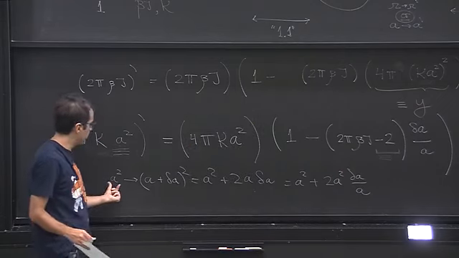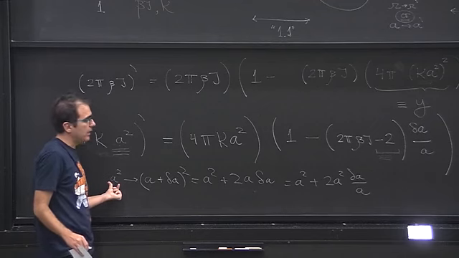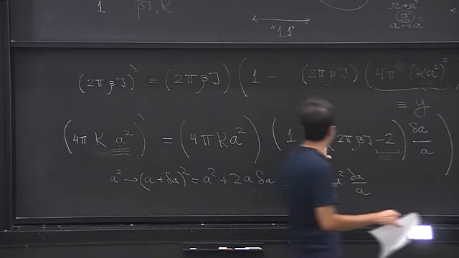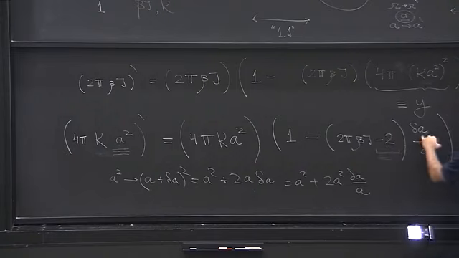So if I put an explicit a square, under dilatations, I should add a plus 2 delta a over a times a square to my transformation.